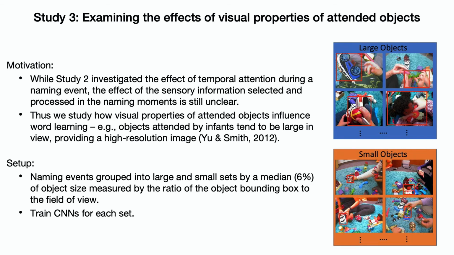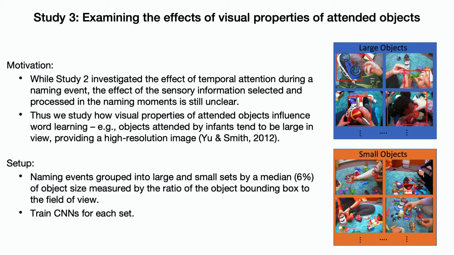To investigate the effect of them, we divided the naming events into 2 groups: the large object group and small object group. The large object means that the bounding box of the attended object is more than 6% of the field of view, while the small object is less than 6%.